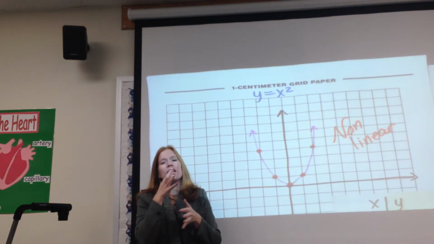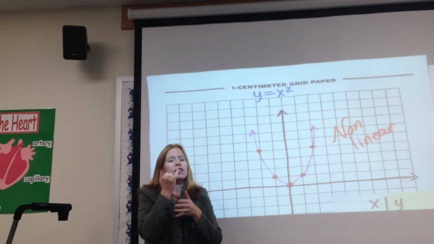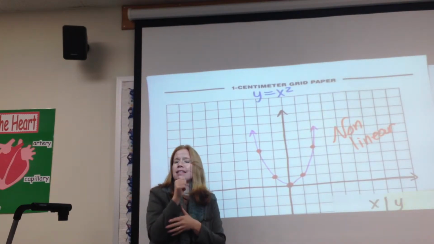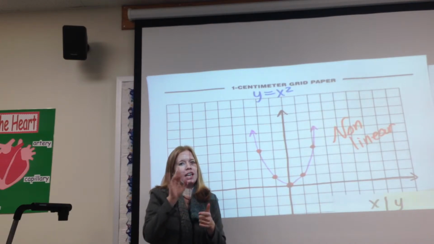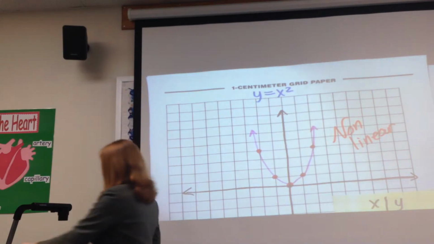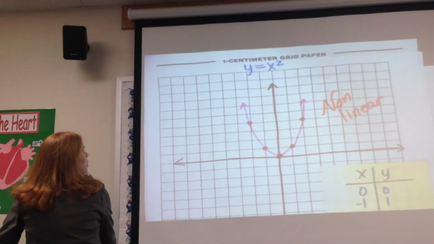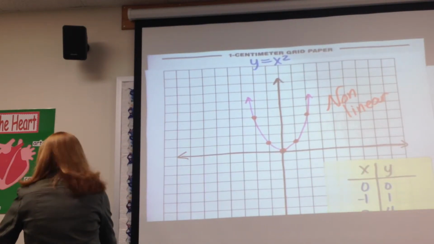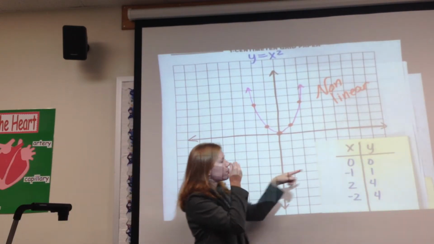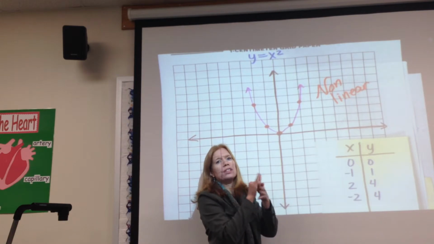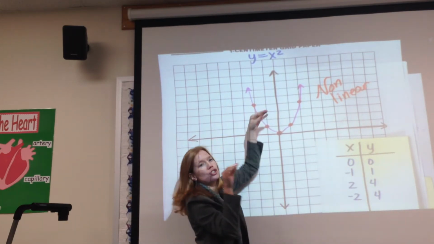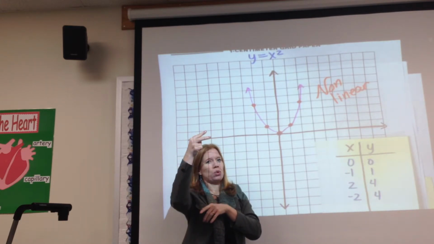Now, there's another thing that I wanted to explain to you. If the equation has an exponent, it is not possible to be a function. For example, let's look at this one. Okay, here's my information. I have used this to make the graph. So this is my equation, y equals x squared.